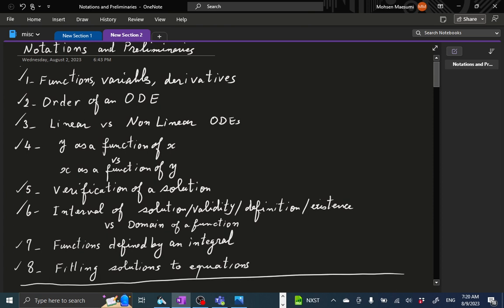Notations and preliminaries are something to get us started and have a little bit of a review of calculus mixed in, with some definitions of what we are looking at for now. As we go on, the topics become more focused, more specific, and the list becomes a little bit shorter, but for now this is going to do.